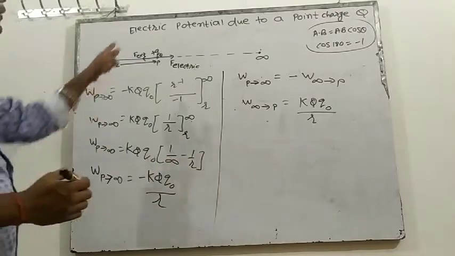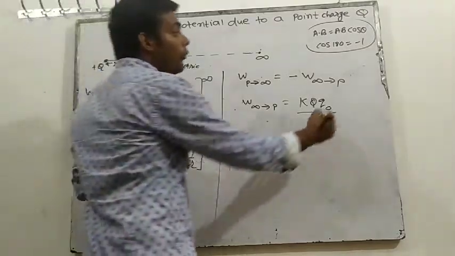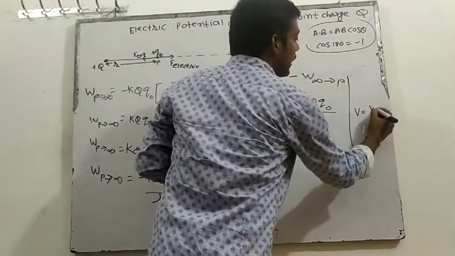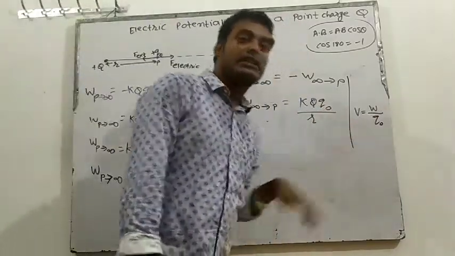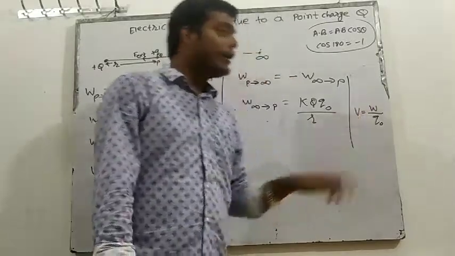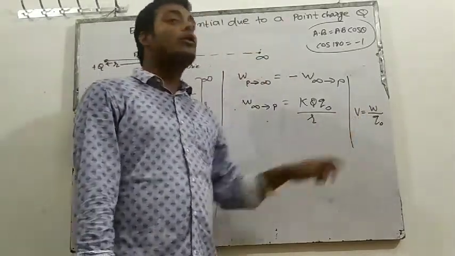What we require is to find the electric potential. How will we find potential? Potential is work done per unit charge. So when we divide the work done by the test charge, this is known as potential.